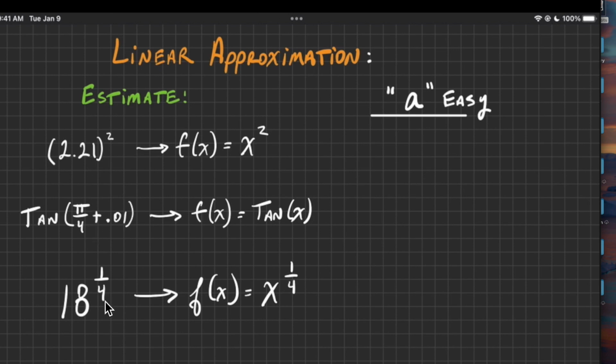For the first one, our easy A is going to be 2, because 2 squared is easy. 2 squared is 4. So our A value is going to be 2.